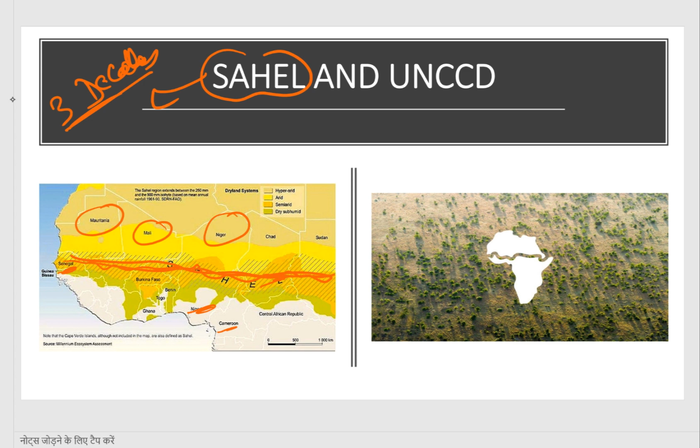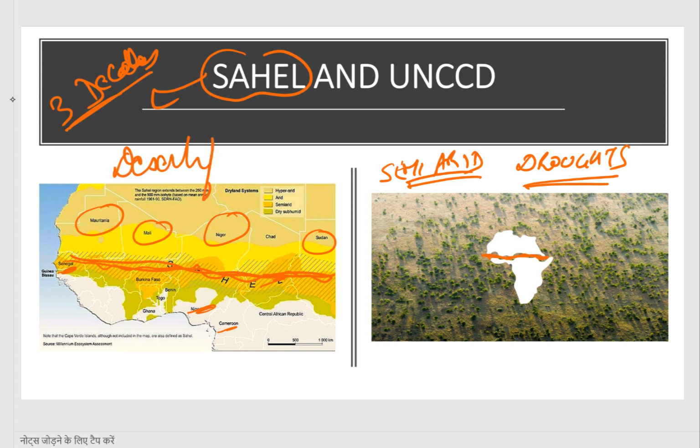Right away it extends towards the east into Sudan as well. So this is the whole belt of the Sahel, and this is a semi-arid belt prone to droughts. The lakes and rivers have dried up, and the people living there are facing increased malnutrition, and this is the reason to worry. Increasing desertification means the Sahara Desert is expanding in size in the south.